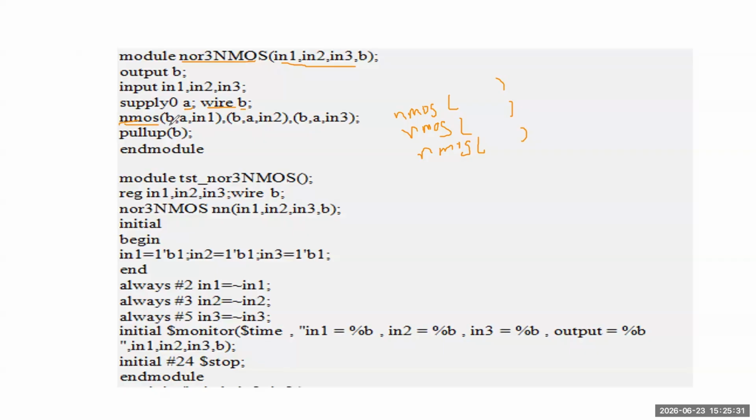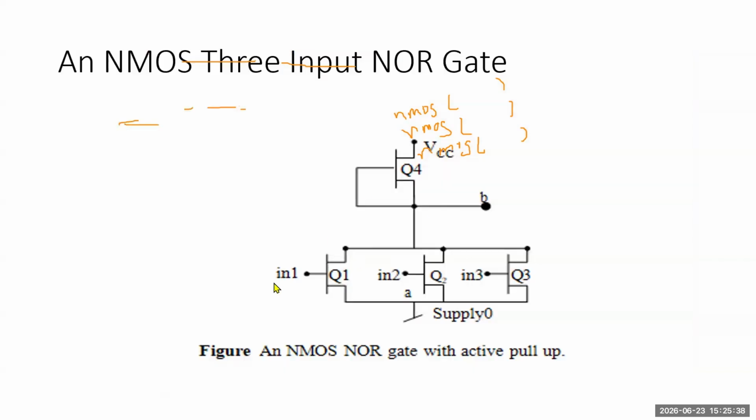So when we are going to see the circuit, here the output B and the supply 0, which is acting as one of the input here, is connected to net A. These are common for all the 3 transistors, and they are defined only by the inputs that we are going to give at the gate, that is in1, in2 and in3.